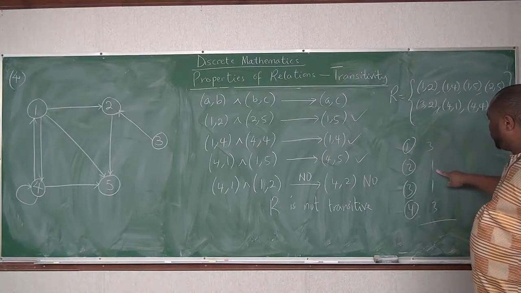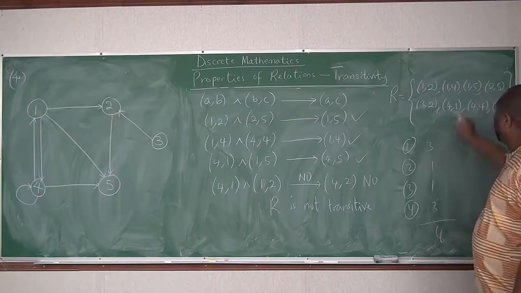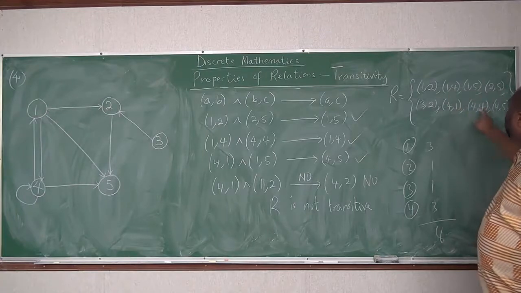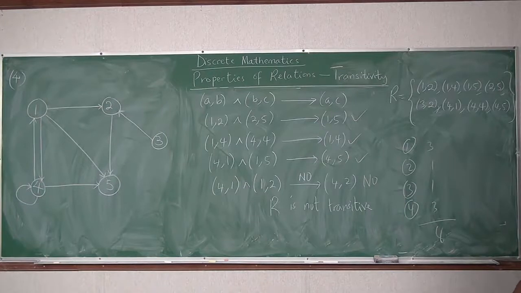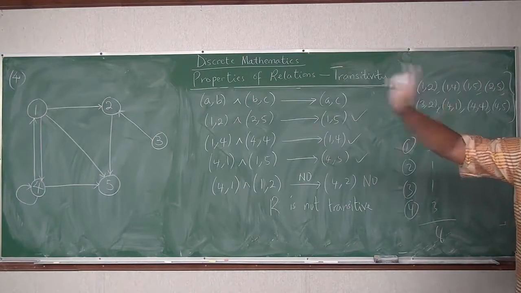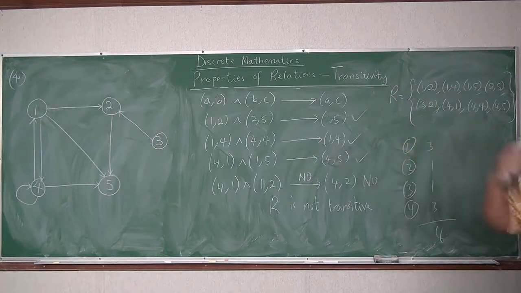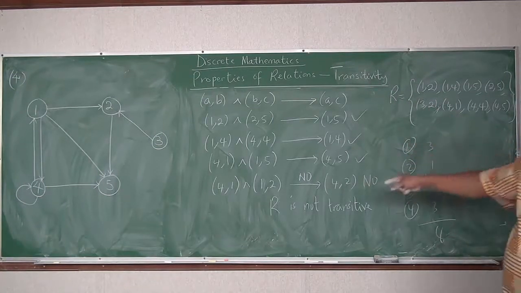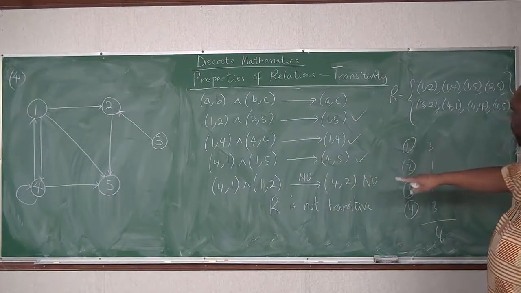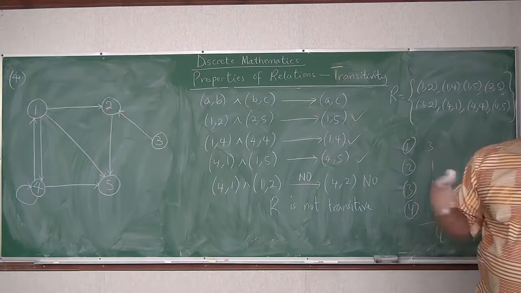So 3 plus 1 plus 1 plus 3 is 8. You can do it going from that to that, or coming towards, so just make sure you count it. And you can see you have 4, 1 and 1, 2, but you don't have 4, 2. So that means arrow is not transitive.